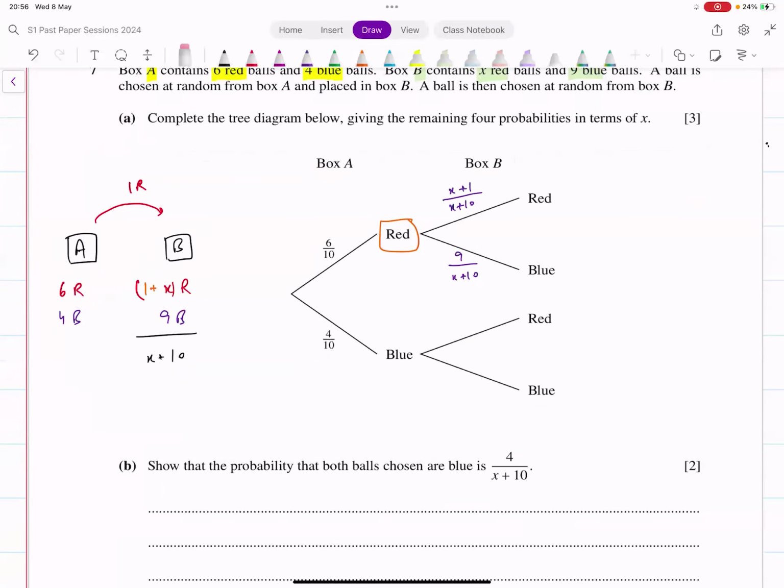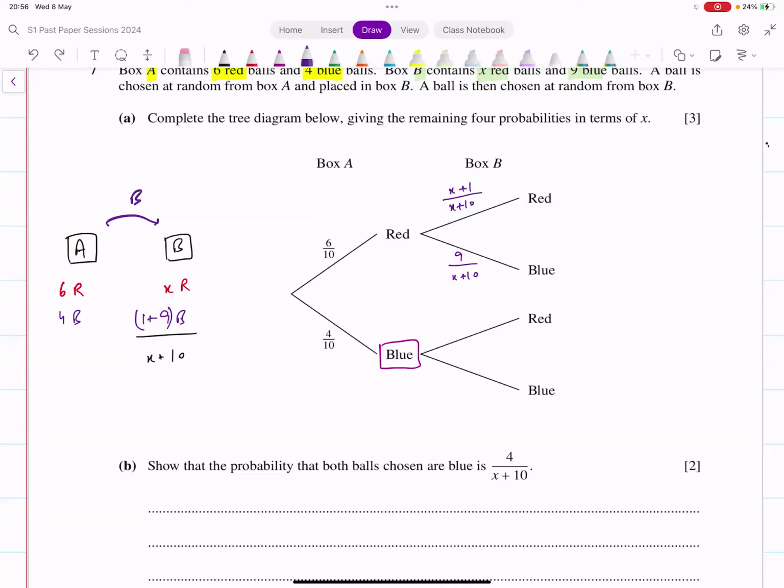And then the second case. If the first ball taken from box A is a blue ball, you had X red balls initially, they remain X. The number of blue balls increases by 1. The number of blue balls is now going to be 9 plus 1, that's 10 blue balls. The total is still X plus 10.